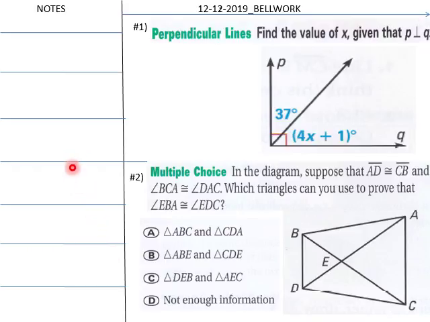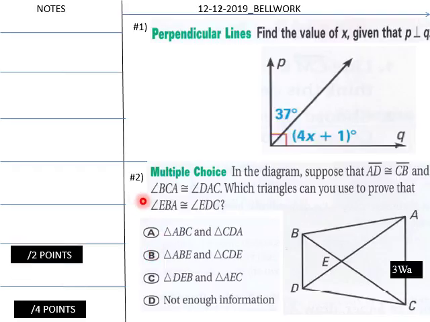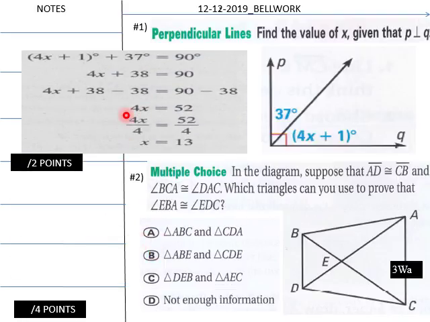Okay, welcome back. And our solutions for today's bell work are up here. For number 1, we have 4x plus 1 plus 37 degrees equals 90 degrees, and then we solve for x, and we get x equals 13.